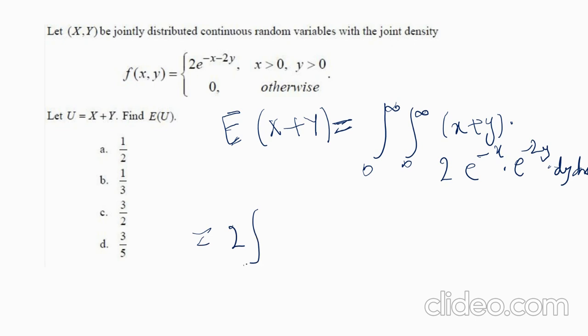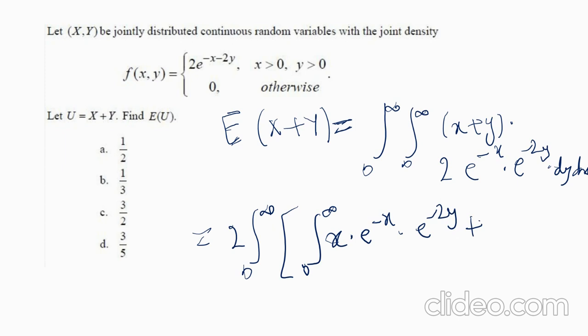So 2 will come out, it's a constant. We can firstly multiply: x e to the power minus x e to the power minus 2y plus y e to the power minus x e to the power minus 2y, dy and then dx, right?